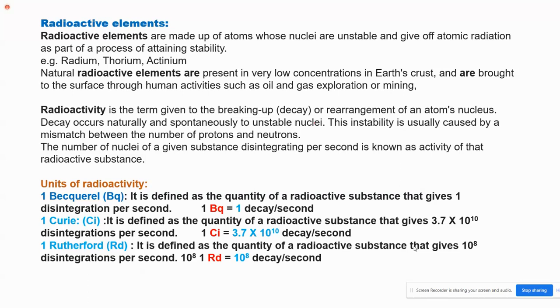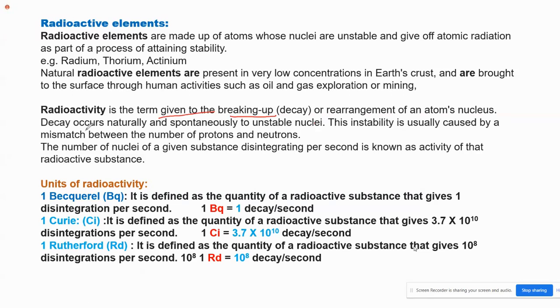And what is radioactivity? Radioactivity is the term given to the breaking up, decaying or rearrangement of an atom's nucleus. So it is the phenomenon used for the breaking up or decaying of the atom's nucleus.